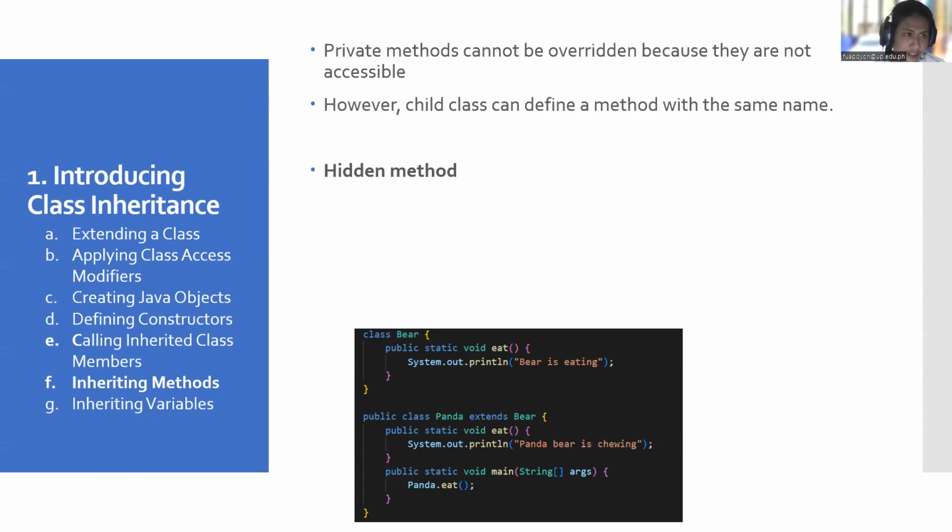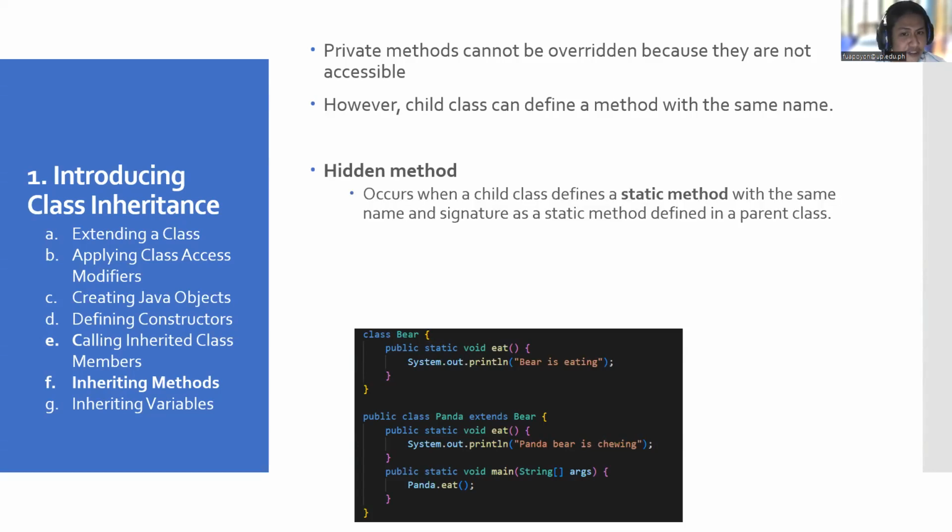Next is your hidden method. This occurs when a child class defines a static method with the same name and signature as the static method defined in the parent class. So same name, same signature, same static method. This also follows the rules of overriding, those previous four, but it has another rule.